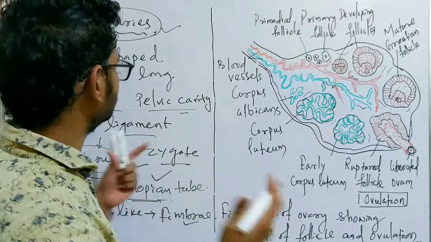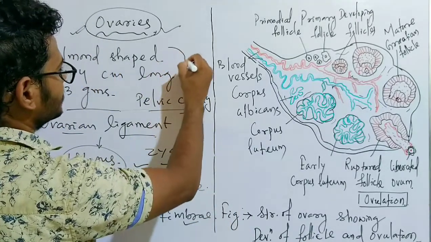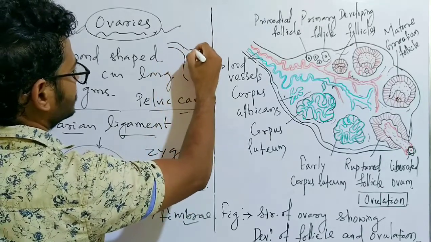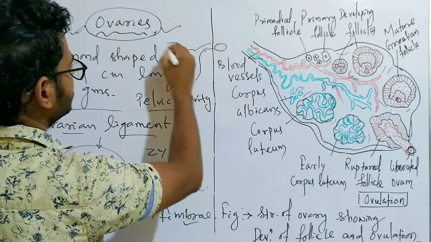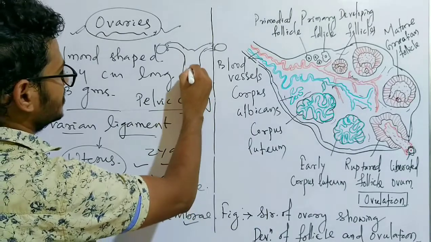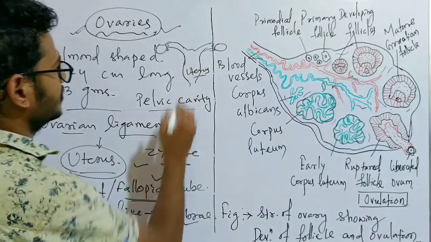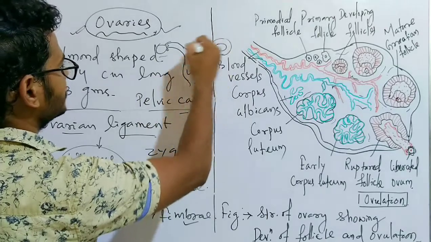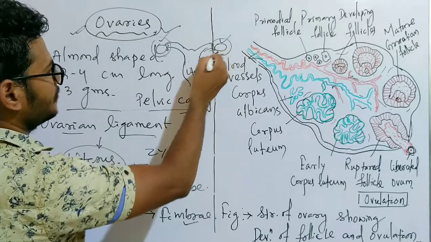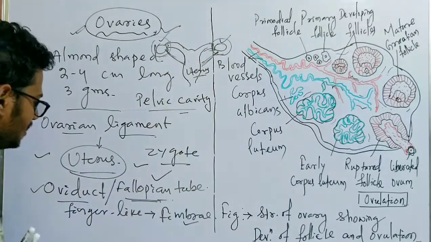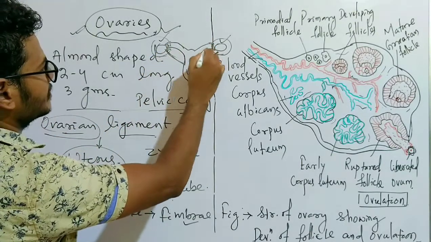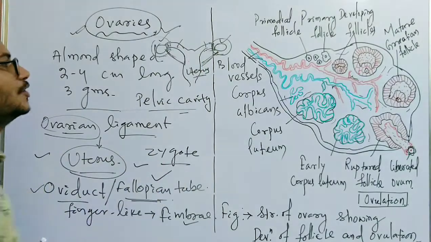On either side of the uterus, the rough structure is like this. If this is the uterus, then these are the oviducts, and the ovaries are here, and these are the fimbriae, finger-like structures. On either side of the uterus are the ovaries, which are attached to the uterus with the help of the ligament we call the ovarian ligament, and these two are the oviducts or fallopian tubes.